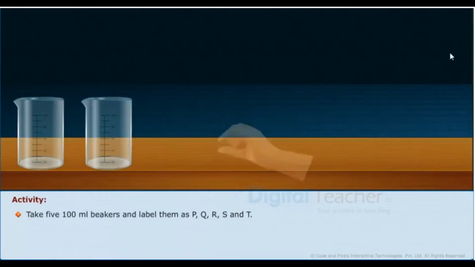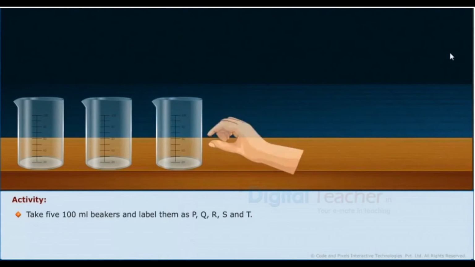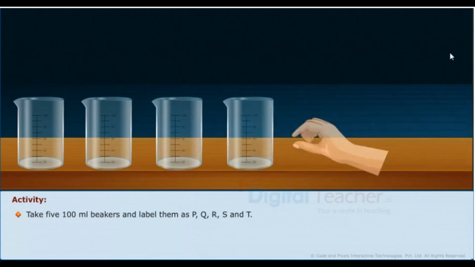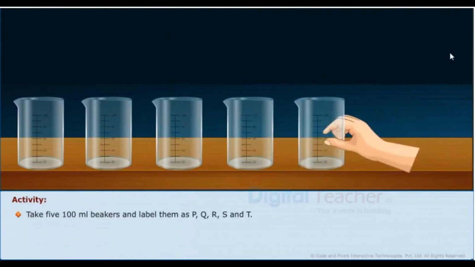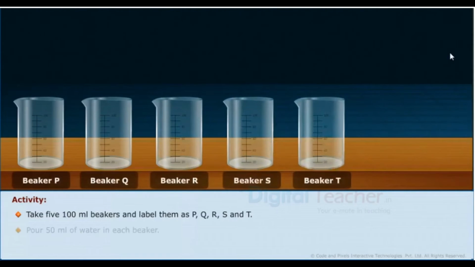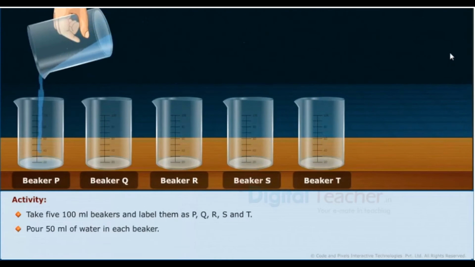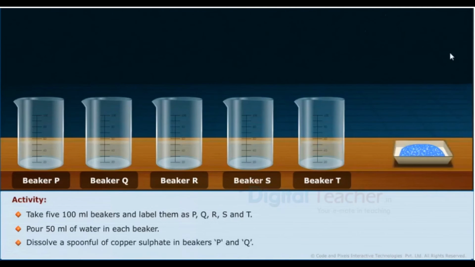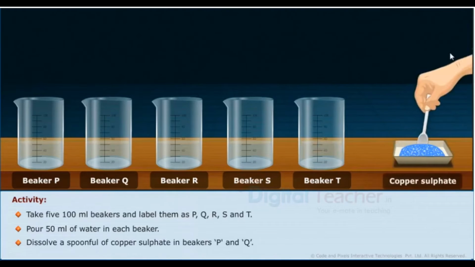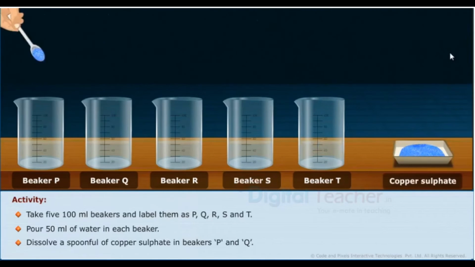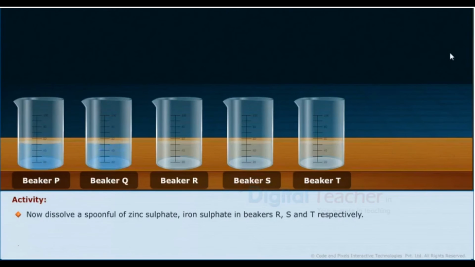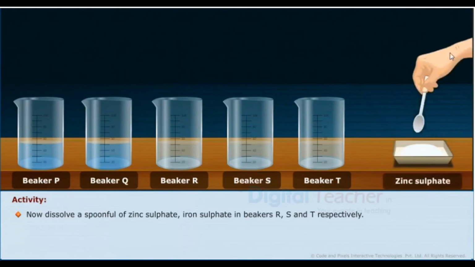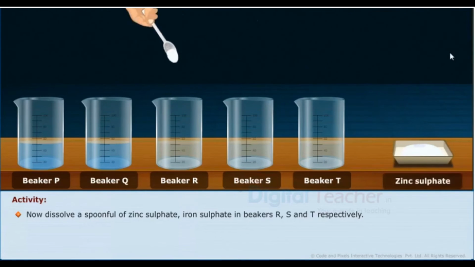Activity. Take 500 ml beakers and label them as P, Q, R, S and T. Pour 50 ml of water in each beaker. Dissolve a spoonful of copper sulfate in beakers P and Q. Now, dissolve a spoonful of zinc sulfate, iron sulfate in beakers R, S and T respectively.